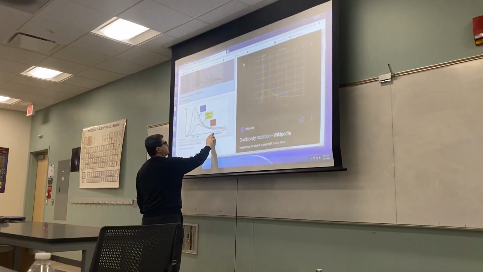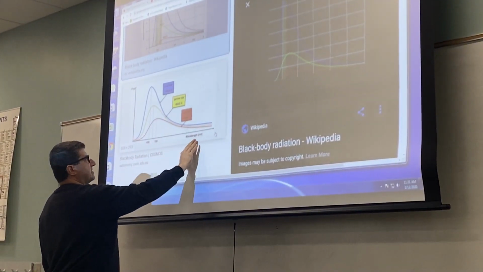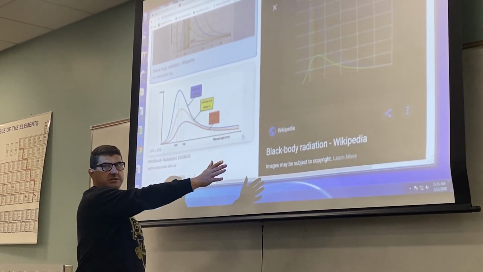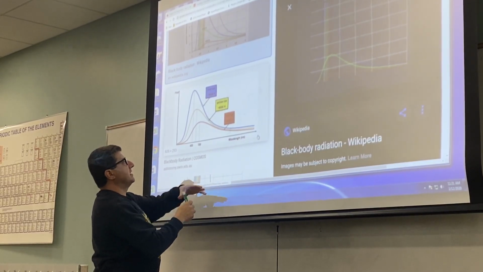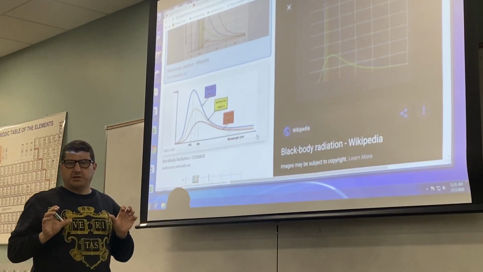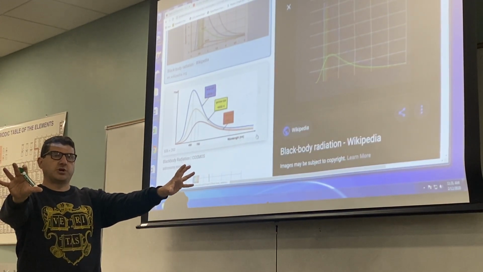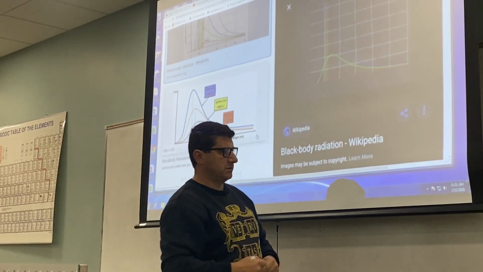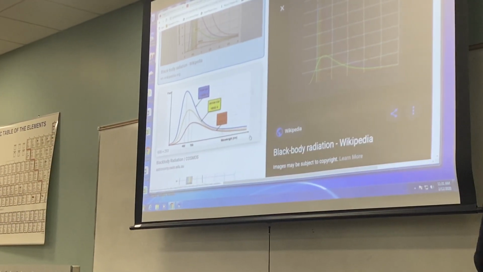Usually they plot the wavelength here, or you could plot frequency. Either way, the opposite. And this is the wavelength of the electromagnetic spectrum that you are radiating. So it looks something like this.